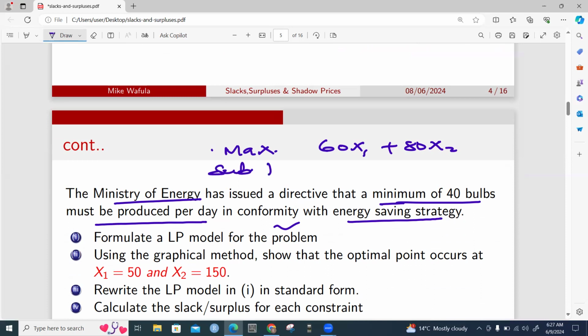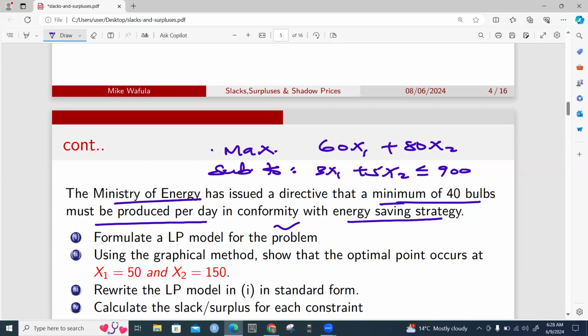But this is subject to some constraints, and one of the constraints has to do with the labor hours, which is 3x1 plus 5x2. That will give you the total labor hours for the two products, but we have 900 labor hours available.